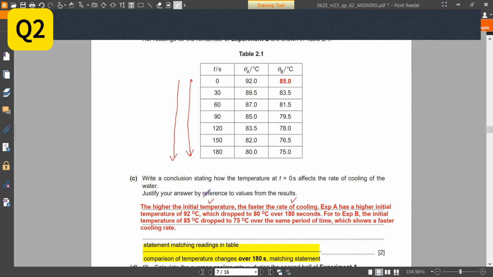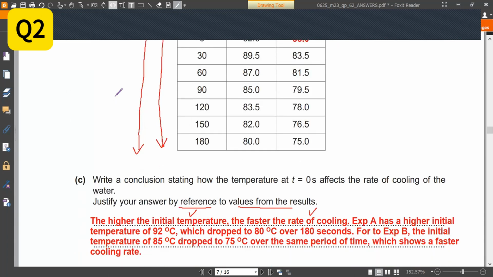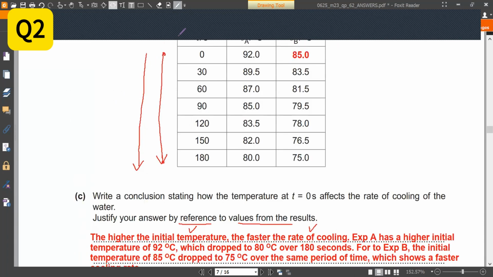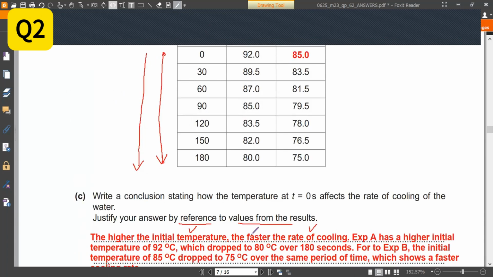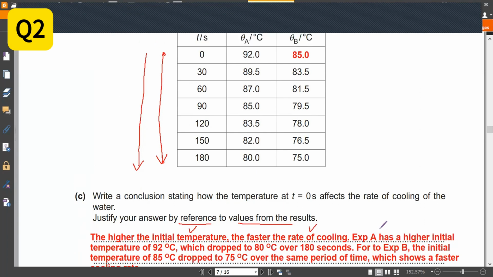Secondly, we need to give reference to the values in the result. So how do we give reference? We can say that experiment A has a higher initial temperature of 92 degrees Celsius, which dropped to 80 over 180 seconds, from 92 to 80.